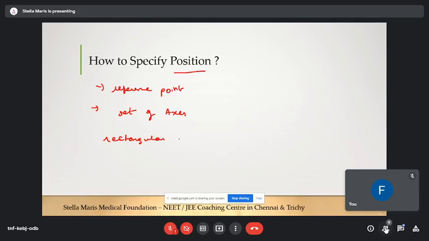So to specify position, we are going to choose a set of axes, that is x, y, and z, three mutually perpendicular axes, and a reference point. The reference point is the origin, that is the intersection of x, y, and z. This O is the origin, so that is the reference point.